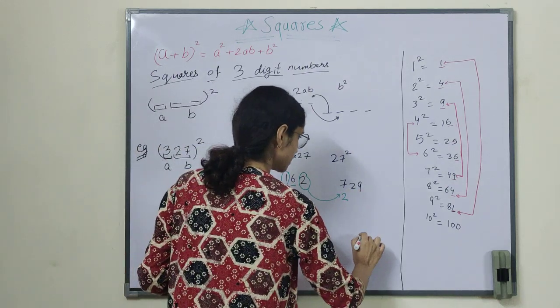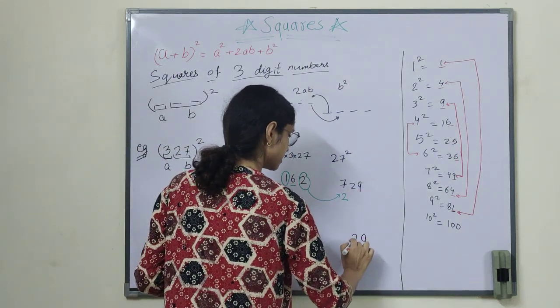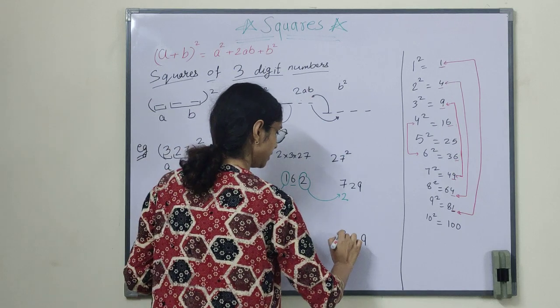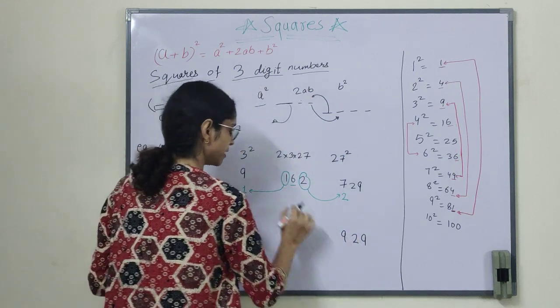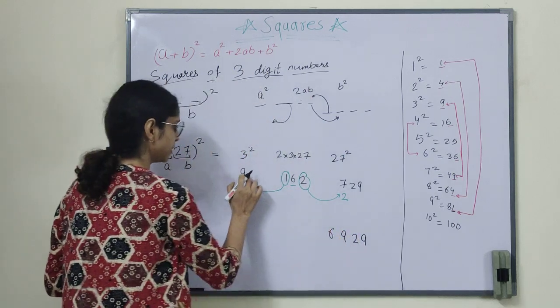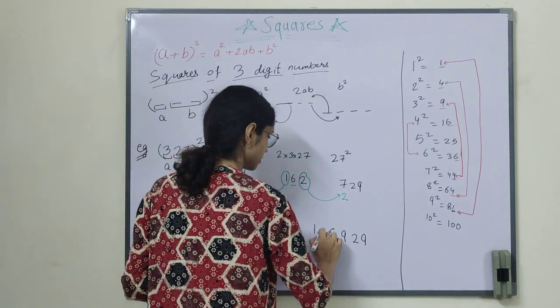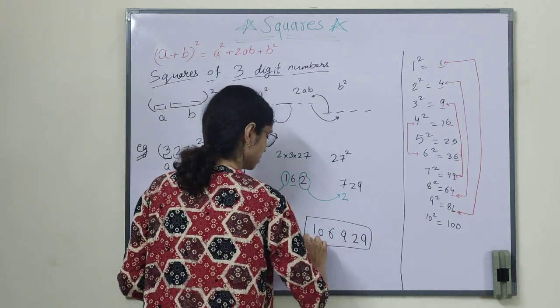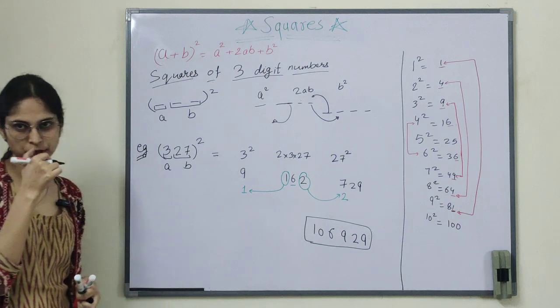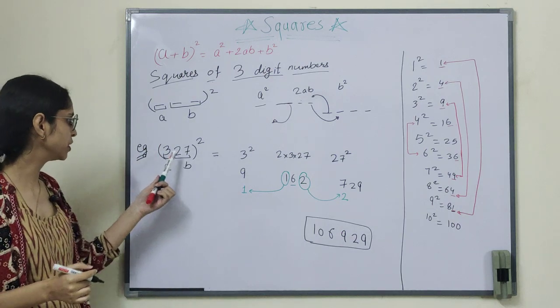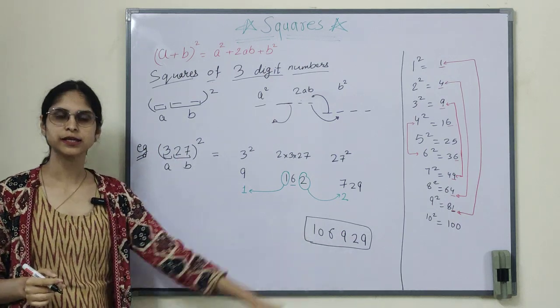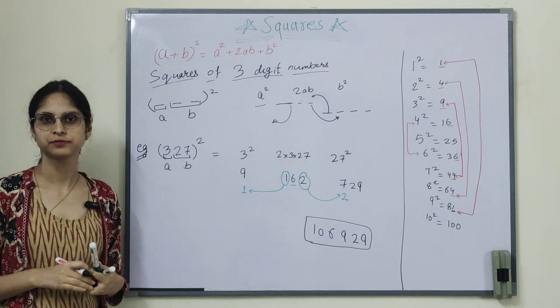So 9 will come as it is, 2 will come as it is, 7 plus 2 is 9. Now 6 was there, so 6, and 9 plus 1 is 10, so 10 will come as it is. So the answer is 106929. So the square of 327 is 106929. Okay?